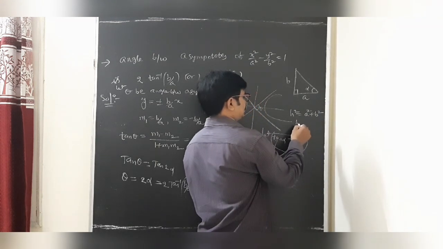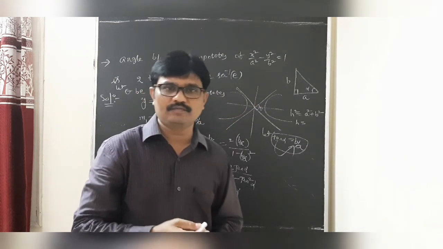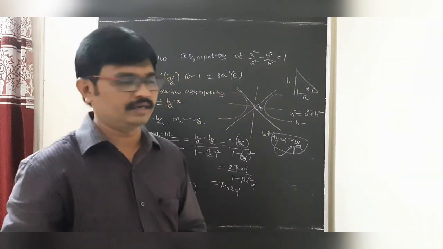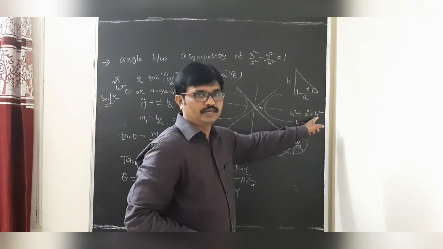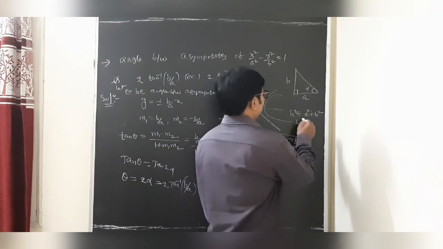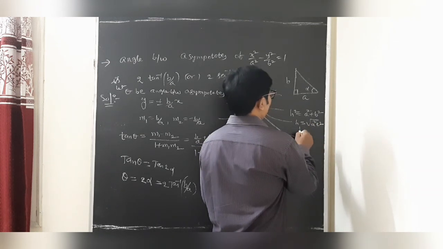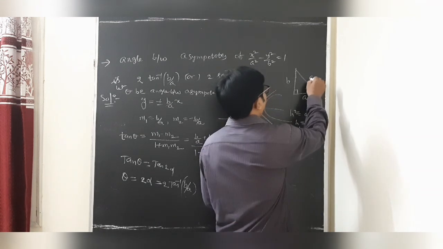We know that b square is a square into 1 minus e square. So a square cancels, and this is root of a square e square. So dear students, the hypotenuse is a e.